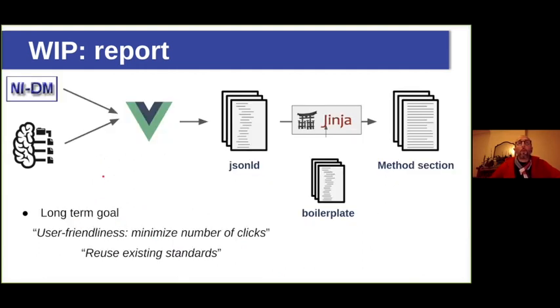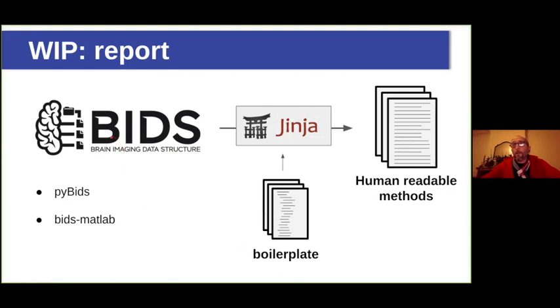So one of the goals of what we're working on right now is trying to extract all the boilerplate text from those packages and have it completely separate, so it can be reused by any other software, and then work on the automation of the method writing, just by reading from a BIDS data set and using that external boilerplate.